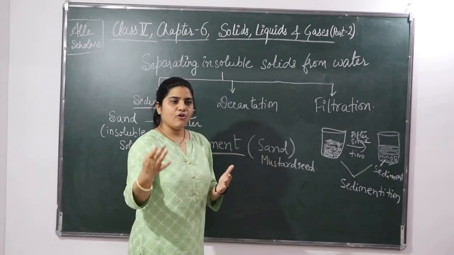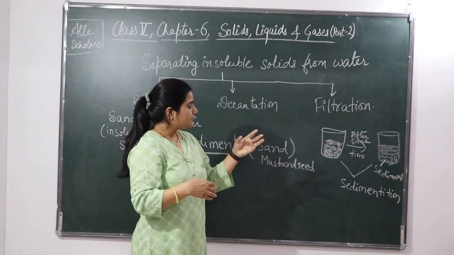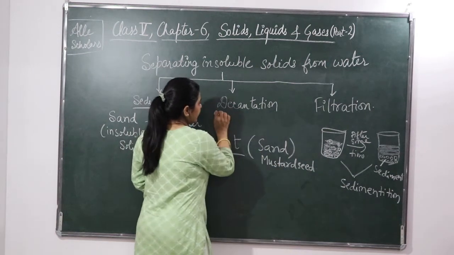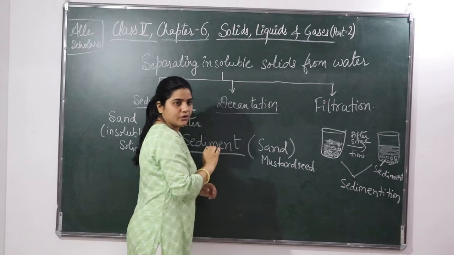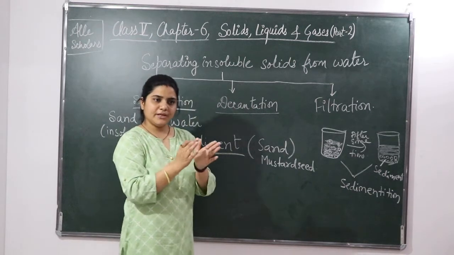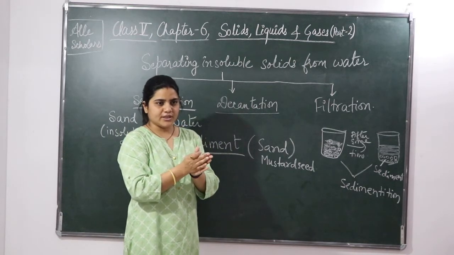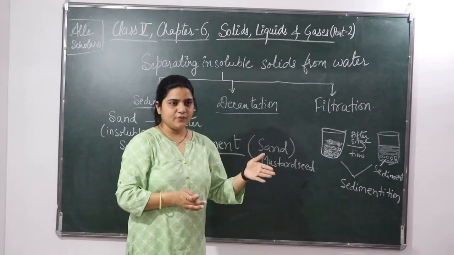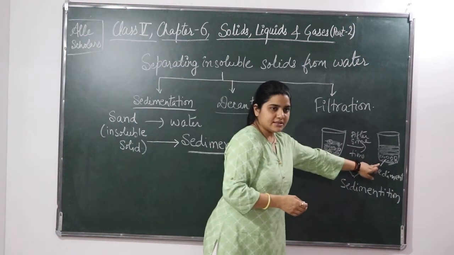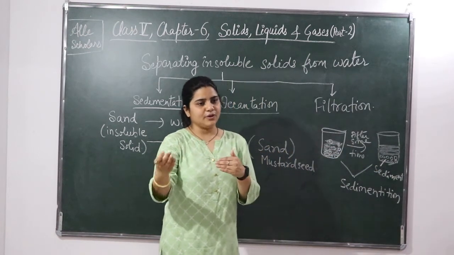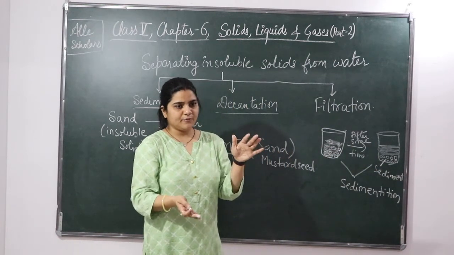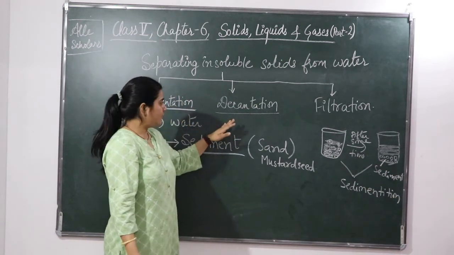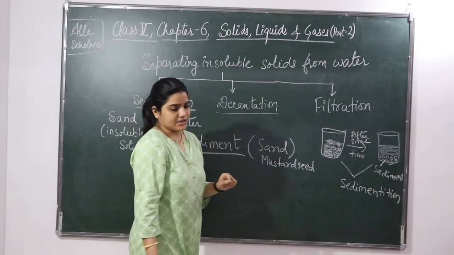That process of pouring the water into another container is decantation. Like this we have separated both things from the solution: the insoluble solute, that is the sediment, and the water. So this process of separating the solvent is called decantation.